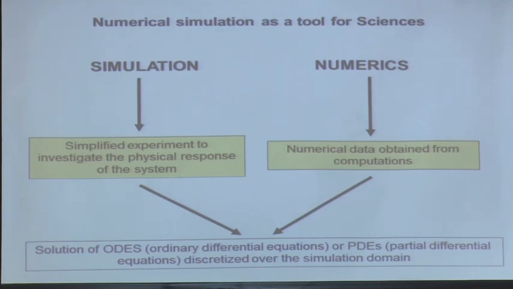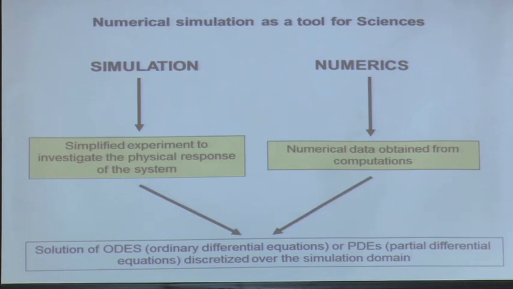So the idea of numerical simulation is that you take your equations and then use a numerical technique to get the solution of those equations. Usually you do numerical simulations when the equations are very complex, very tough to solve on paper. That could be solutions of ODEs, because many of them don't have any analytic solution, but very often what we are looking for are solutions of partial differential equations, because even if they are simple, you cannot solve them by hand.